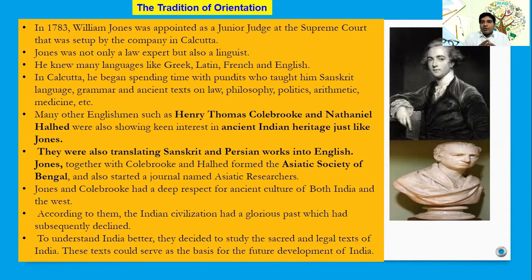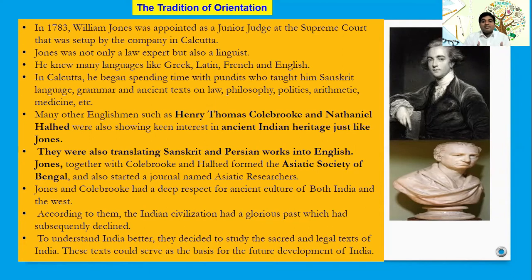Jones, together with Colebrooke and Halhed, formed the Asiatic Society of Bengal and started to publish their findings in journals called Asiatic Researches. Along with William Jones, Henry Thomas, and Nathaniel, who were keenly interested in ancient Indian heritage, started to publish their understanding.